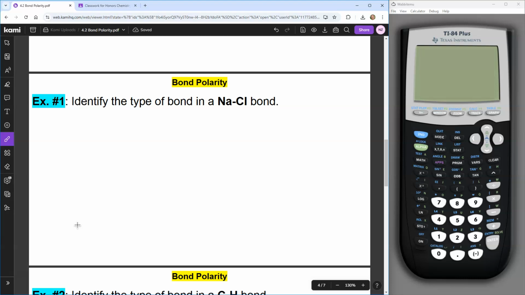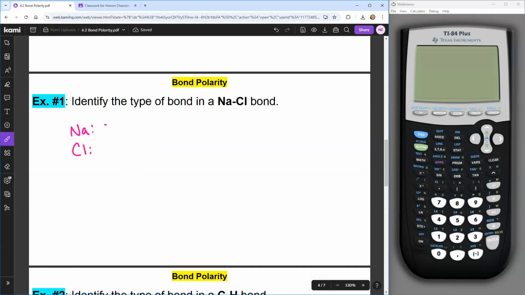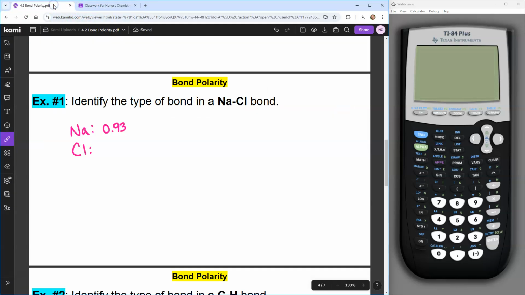All right, I know this sounds really overwhelming, but the good news is when we calculate our bond polarity, it's really easy. So our first example says, identify the type of bond in a NaCl bond. So we've got Na and we have Cl. So we're going to look these two values up. Na is 0.93. Cl is 3.16.